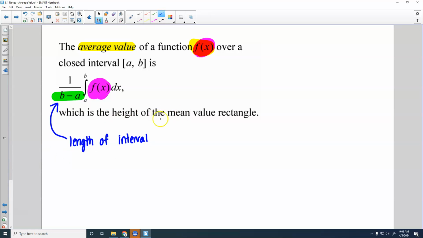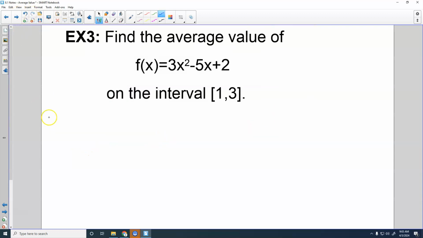And this would be the height of your mean value rectangle. So if we made our shape into a rectangle, it's the height of that rectangle.